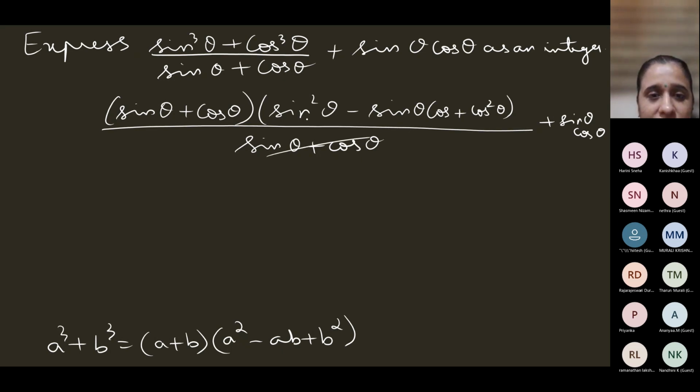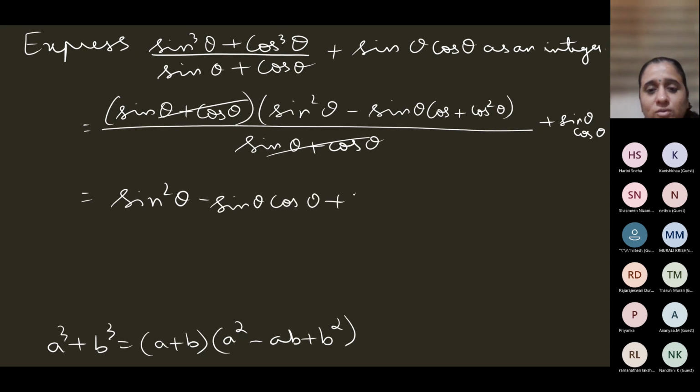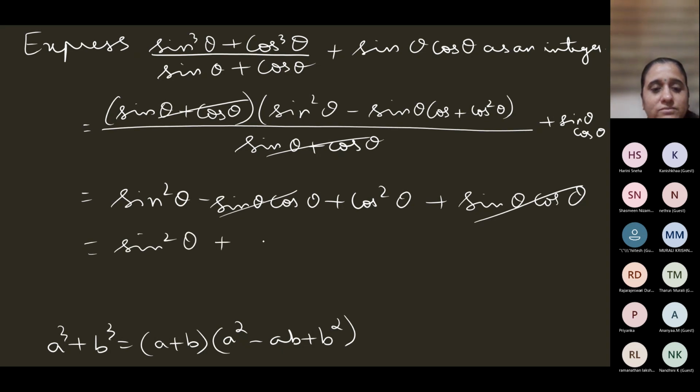Now this gets cancelled. So we are left with sin square theta minus sin theta cos theta plus cos square theta plus sin theta cos theta. So this gets cancelled, and sin square theta plus cos square theta is 1.